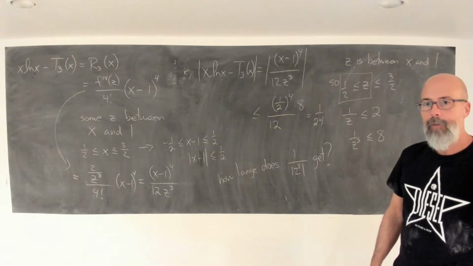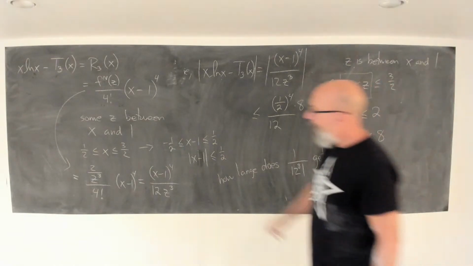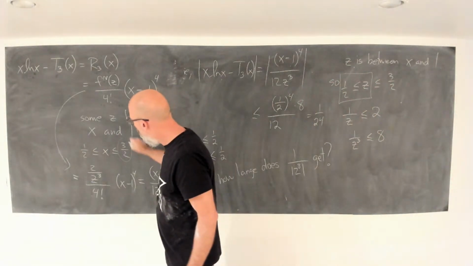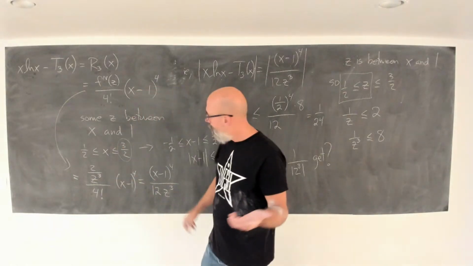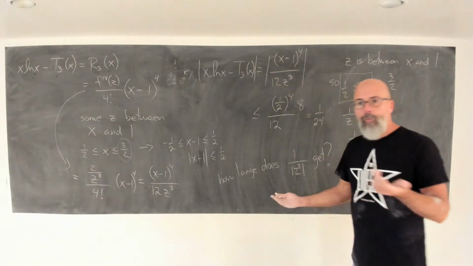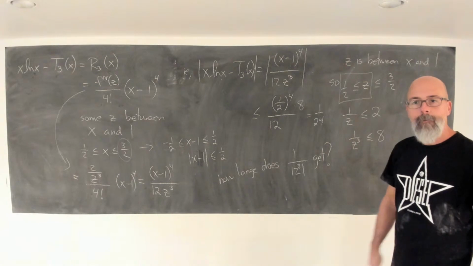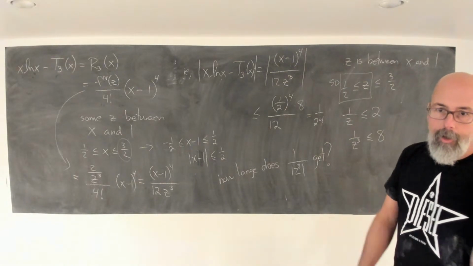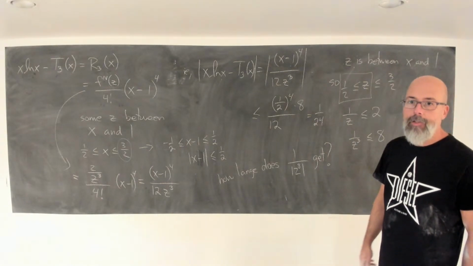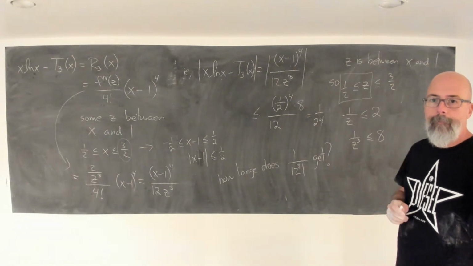And why is z upper bound 3/2 and not 1? Well, it depends what x is. If x is 3/2, which it could be, then z is between 1 and 3/2. We just don't know. Here we're given a range for x. Oftentimes you're given an actual value of x. In this particular question, you were given a range.